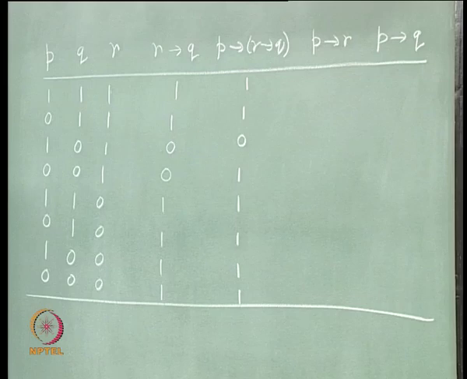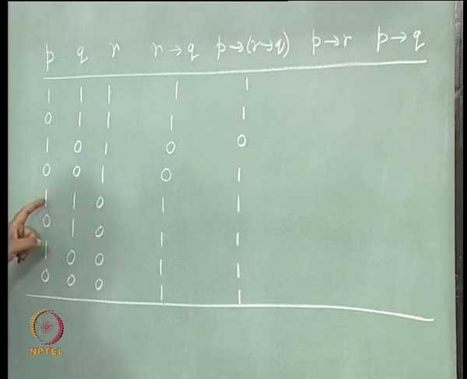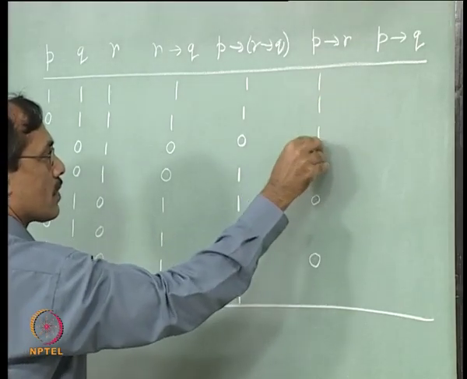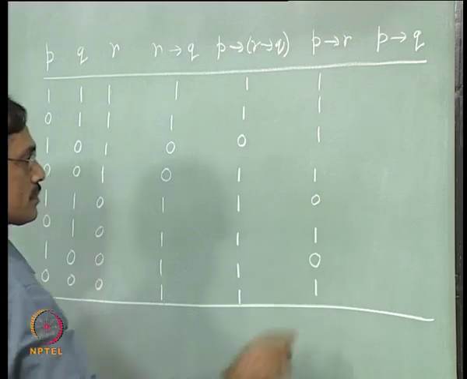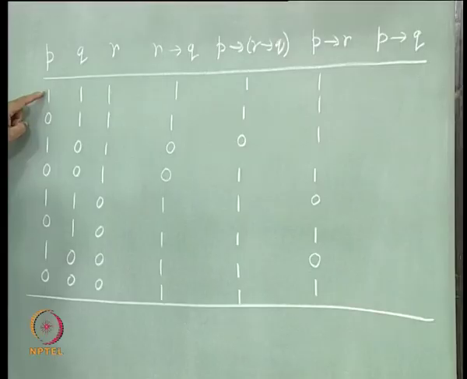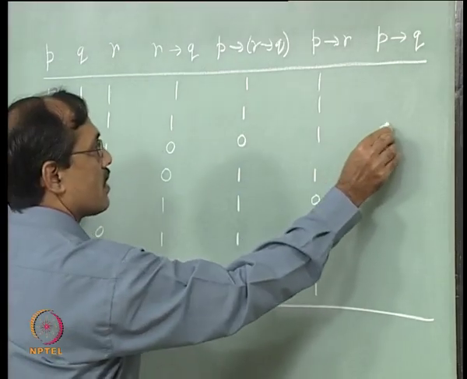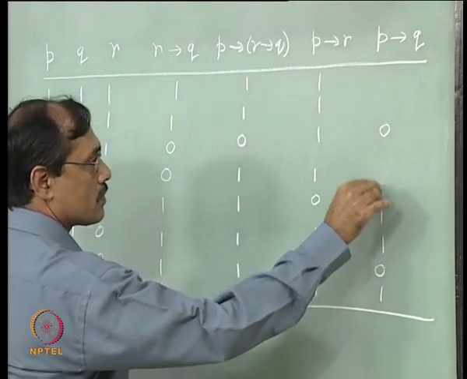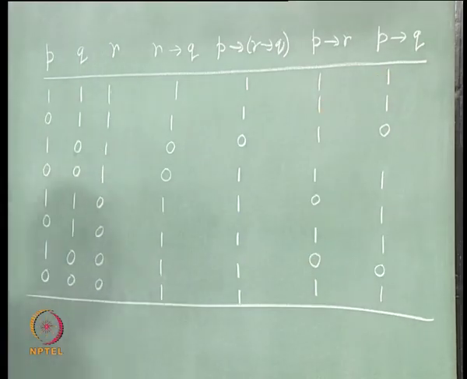Next we go for P implies R. So, that will be 0 when P is 1, R is 0. All others 1. So, next we go for P implies Q. So, that will be 0 when P is 1, Q is 0. Here is 1, third line, and the last but one line. All others are 1. Okay.